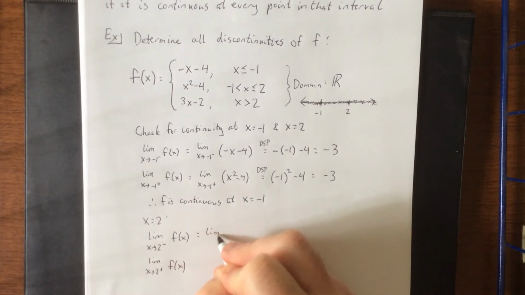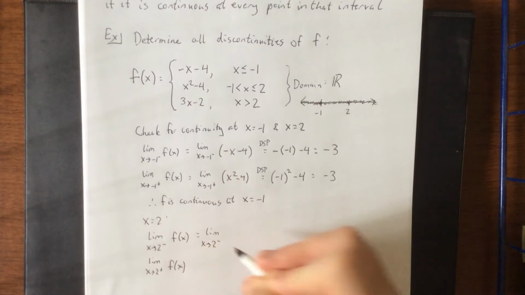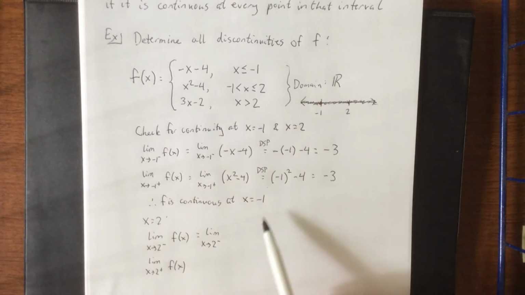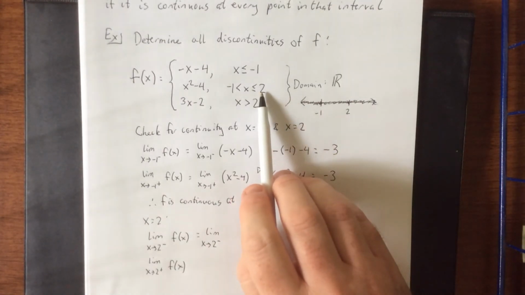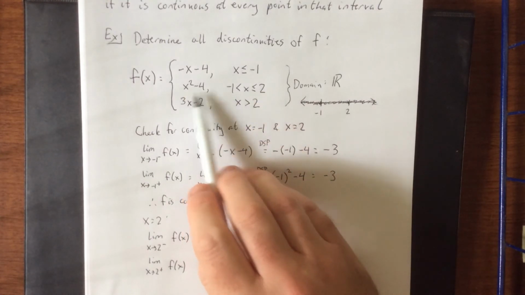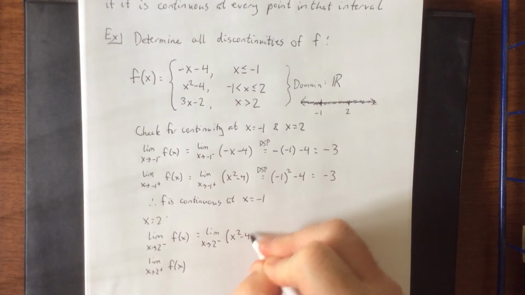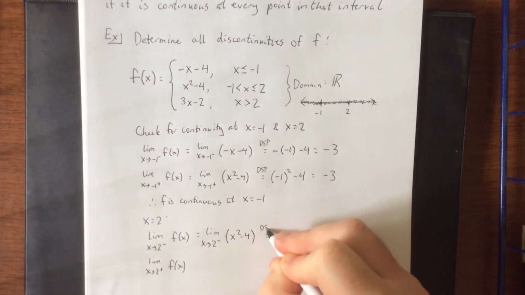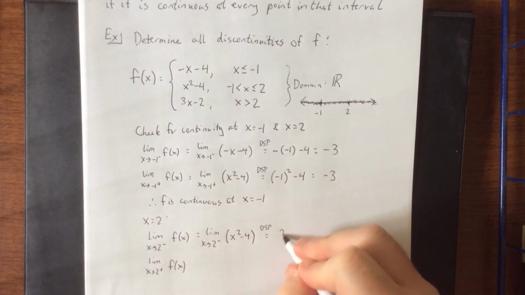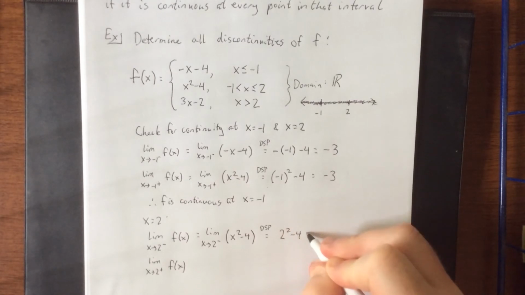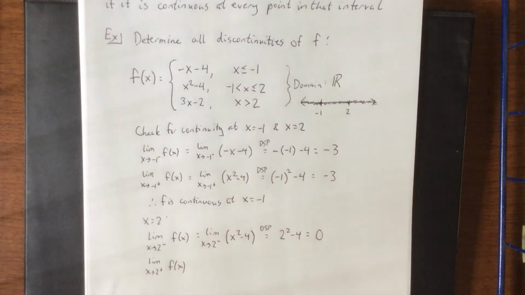Now from the left side means that we're going to be using the definition of the function for where x is less than 2. So less than 2 would be the middle definition of the function, so that'll be x squared minus 4. For that we can use the direct substitution property and say that this is equal to 2 squared minus 4. 2 squared minus 4 would be equal to 0.